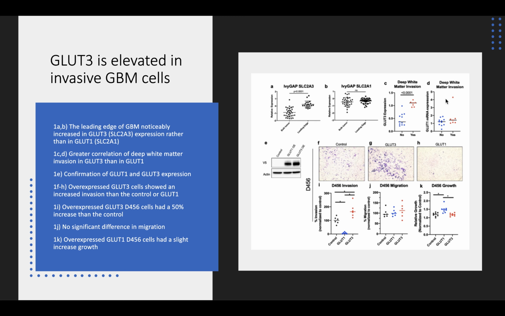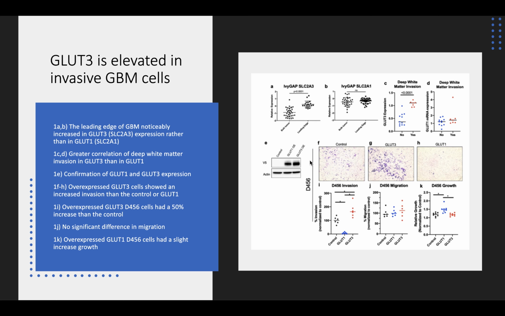In graph figure 1D, as it relates to deep white matter invasion, the GLUT1 mRNA expression is on the y-axis, with no and yes on the x-axis. The conclusion was that there is a greater correlation of deep white matter invasion with GLUT3 than with GLUT1.